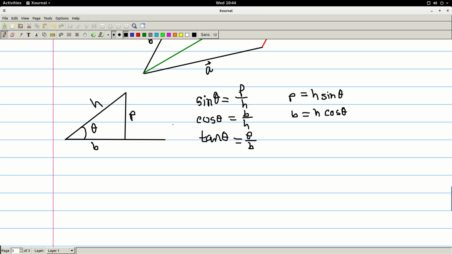Is this clear? Alright, so armed with this knowledge, let us look into a vector world. Can we apply the same thing? Okay. So let us consider that we got a vector like this. Let us say that we got a vector A and we got a vector B in this format, and I want to find out the projection of B onto A. Okay, what does a vector projection do?